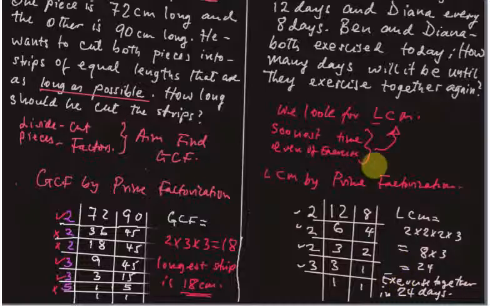Ben and Diana, everyone will continue sitting for his and her examinations according to his time. But in 24 days, John will be sitting for examination and Diana will be sitting for the examination at the same time. So this is very interesting concerning the LCM. We are looking for the lowest common multiple of events here.